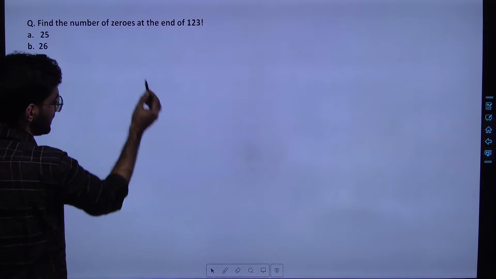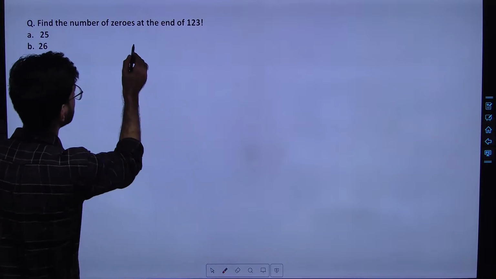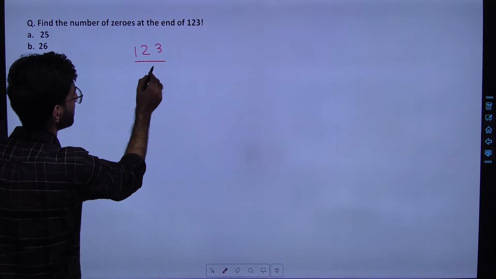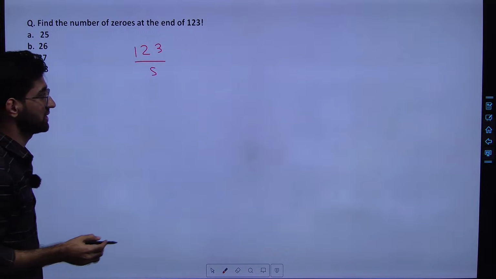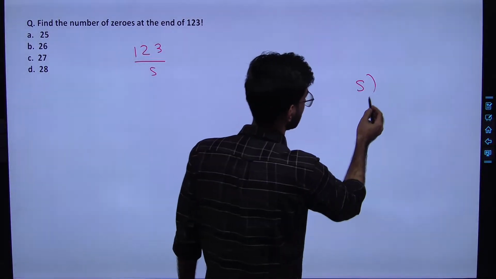Again, we will divide 123 by 5, right? And if you divide 123 by 5, let us divide it here.